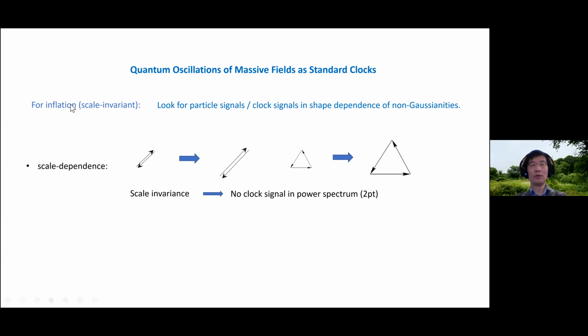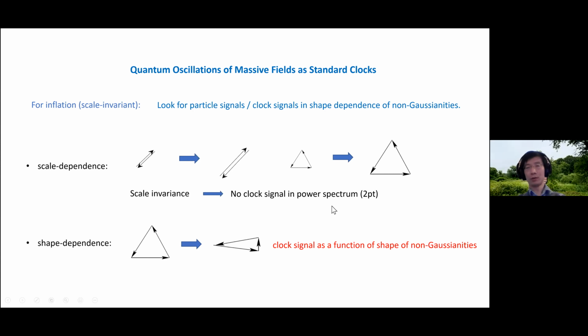So if you study scale invariant inflation, that prohibits the oscillatory signals that break the scale invariance, so you don't expect to find them in the power spectrum. But for non-Gaussianities, besides the scale dependence there's also a shape dependence, which, even if it has oscillatory signals, does not break the scale invariance. So the clock signal, it turns out, is hiding there as a function of the shape of non-Gaussianities.